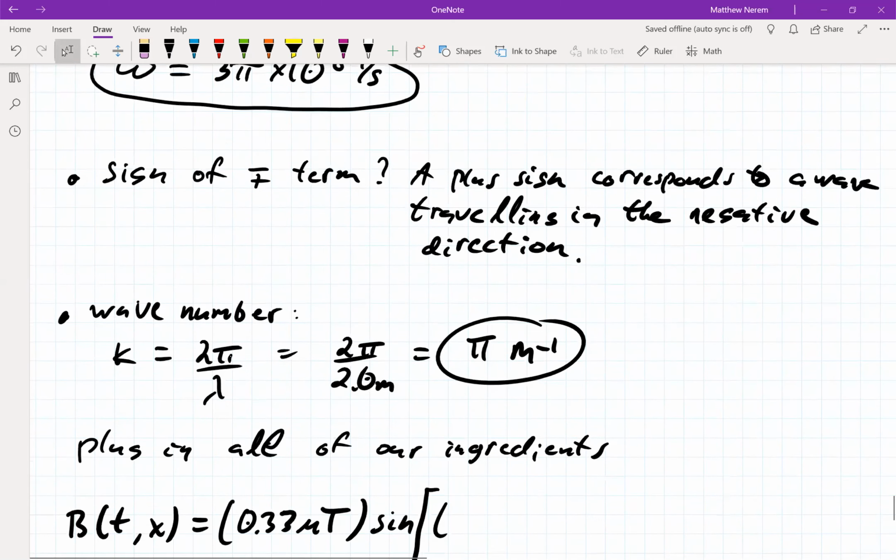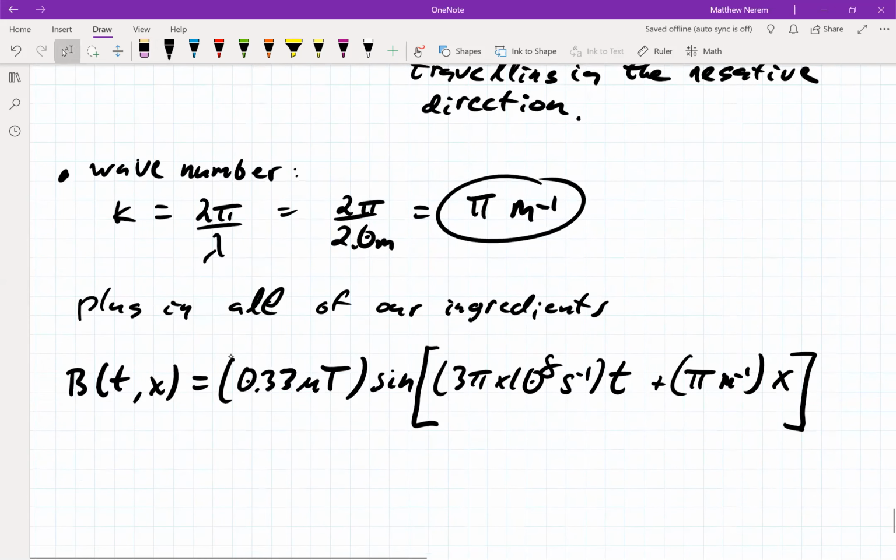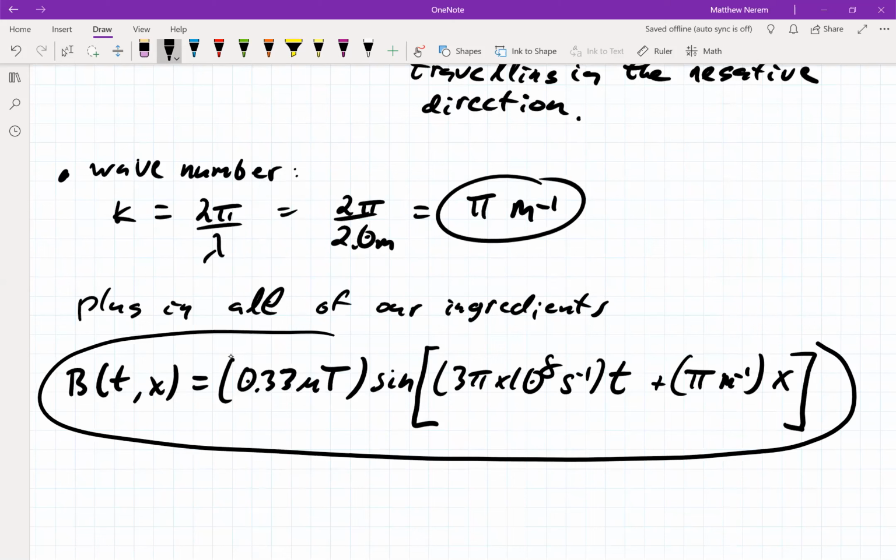I wrote it as 3 pi times 10 to the 8th inverse seconds times time, plus pi inverse meters times x. There's one of our sample electromagnetic field problems.